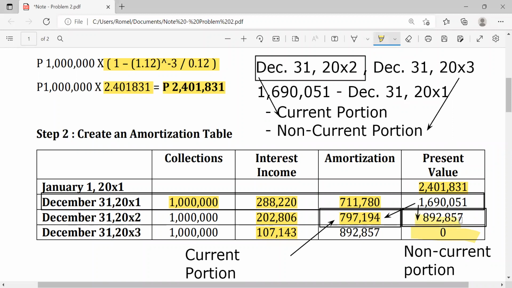Kasi pag i-add mo yan, the answer will be 1,690,051. Okay? So that's it for non-interest bearing notes, which are collectible in installments, and the first installment collection will happen a year after. So that's it. Thank you so much for listening.